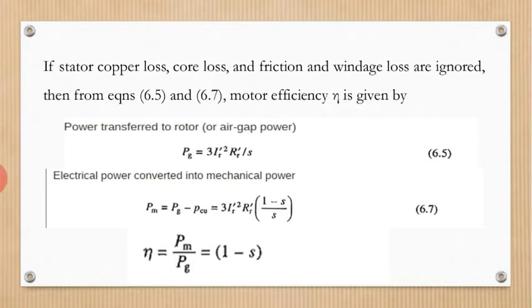So if you look at this efficiency equation, it shows that the efficiency falls with decreasing speed. I repeat, the efficiency falls with decreasing speed. The speed control is essentially obtained by dissipating a portion of the rotor input power in the rotor resistance.